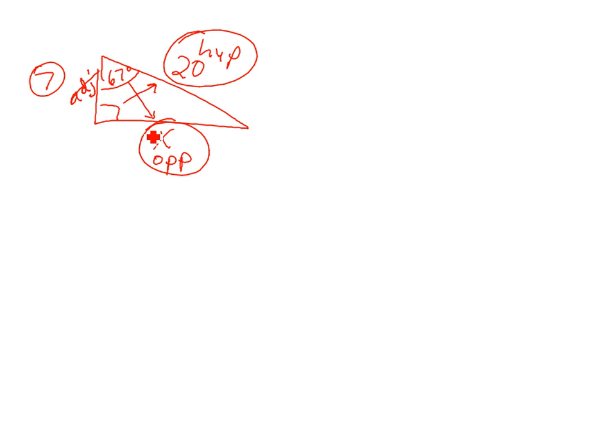The trig ratio that deals with opposite and hypotenuse is sine, so we set up this equation. Sine of our angle, which is 67, equals, the SO part is opposite over hypotenuse, so this time it's X over 20. Take our calculator, and you find the sine of 67. Don't hit second.